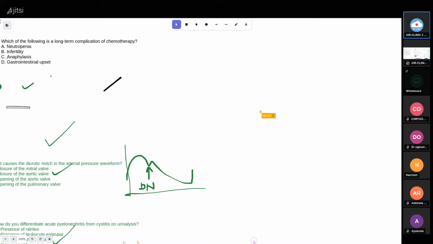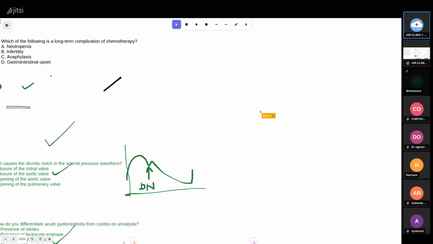Okay, so there's something about the heart, the rule of 70-20-10, which says that in 70% of patients, the AV node is going to be supplied by the right coronary artery. You know, in medicine, there is no absolute. In 20% of patients, it's going to be supplied by the left coronary artery.